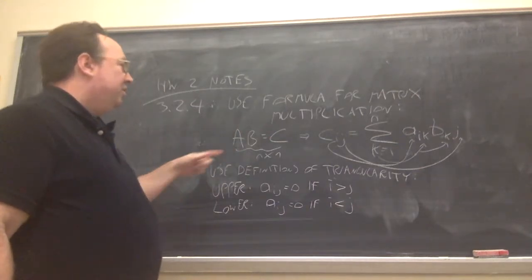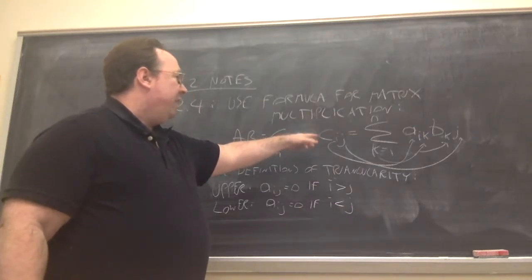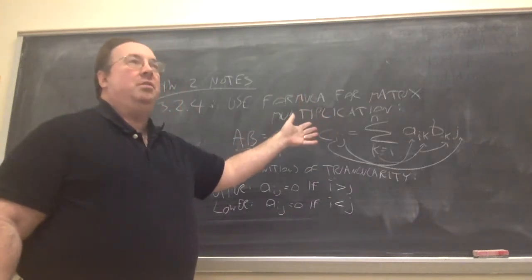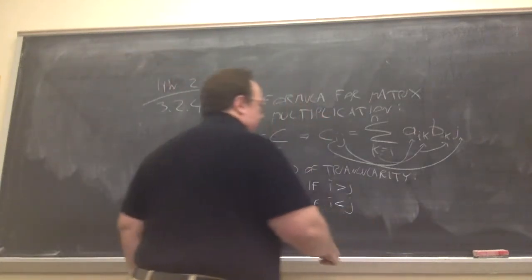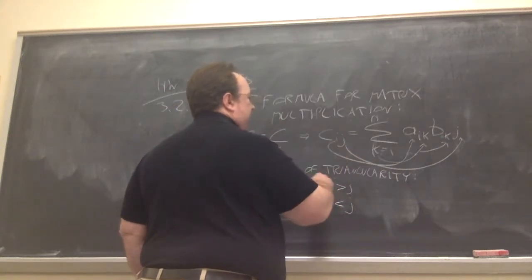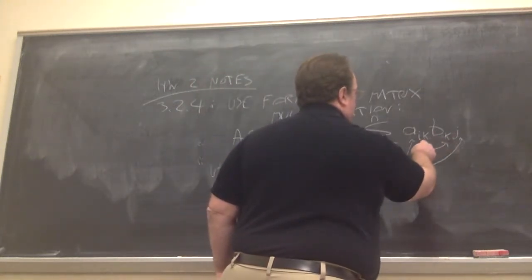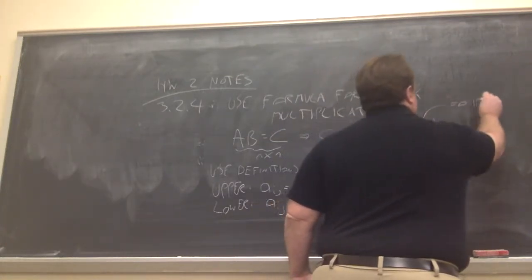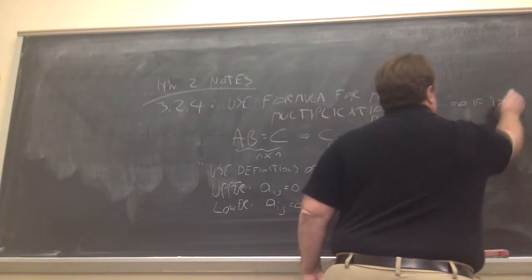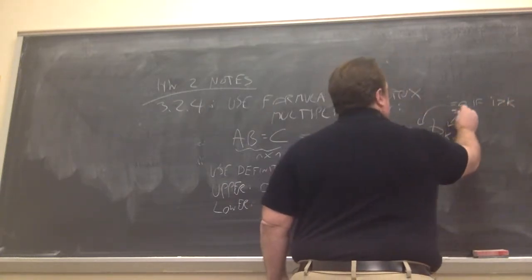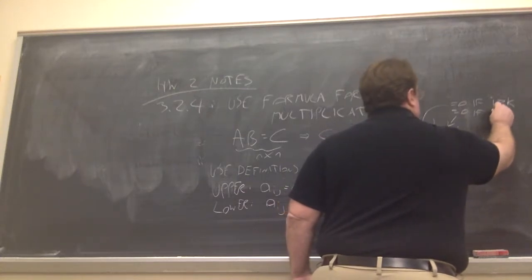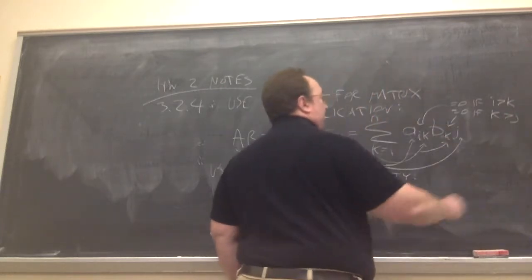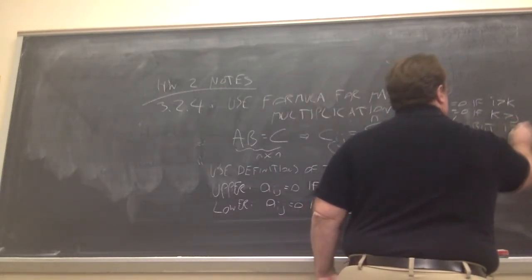So what you can do is assume i is greater than j, and then show that what you get has to be 0, because, since these are upper triangular, for instance, this equals 0 if i is greater than k, and then this equals 0 if k is greater than j, but i is greater than j.